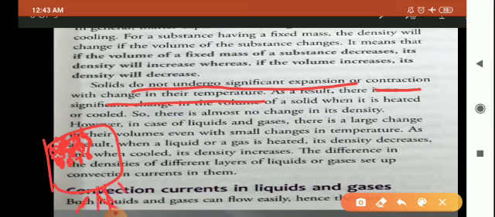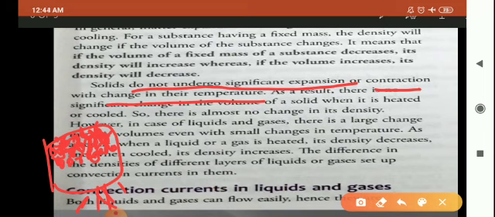Okay, same thing is given here, that solids do not undergo significant expansion or contraction with the change in their temperature. Solid में बहुत ज़्यादा changes नहीं होते. Reason, because in solids molecules are very closely packed, and hence we cannot see much effect in solids of expansion and contraction. The intermolecular forces are very strong.